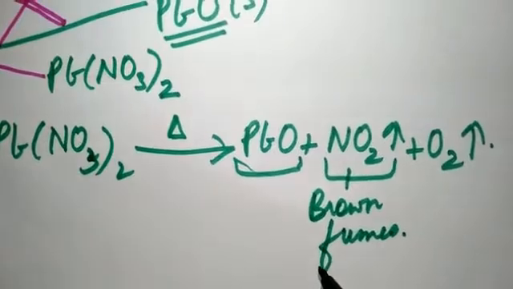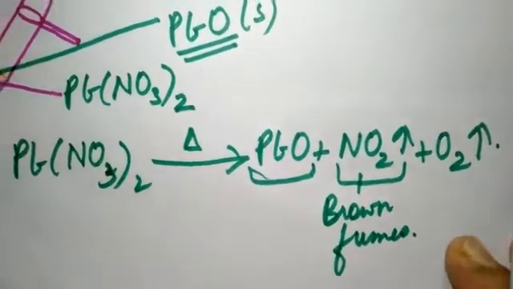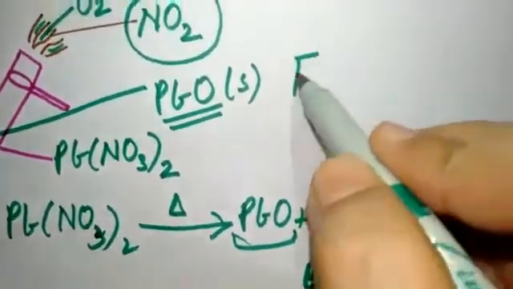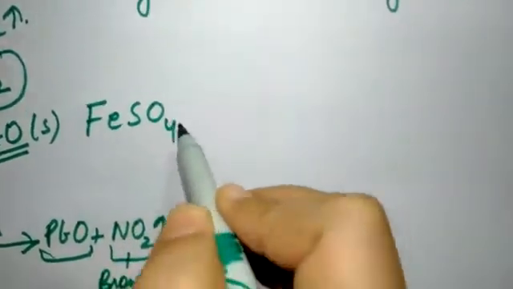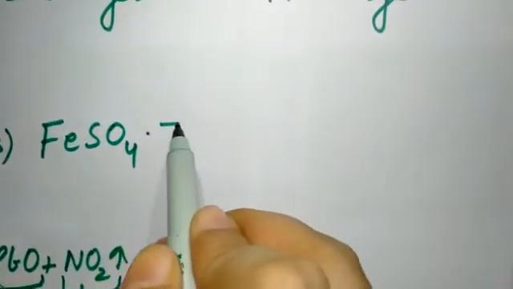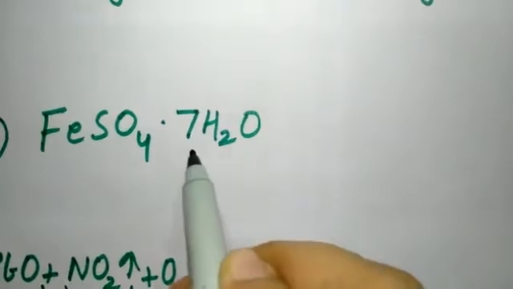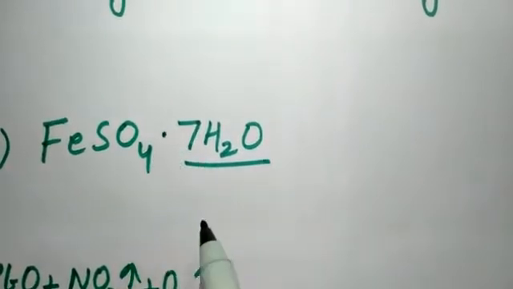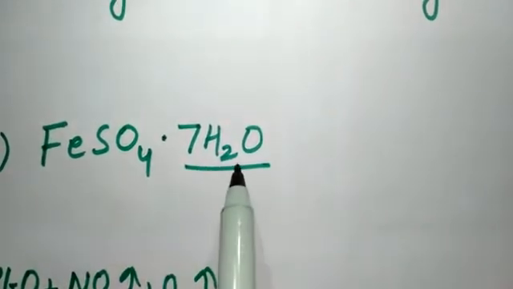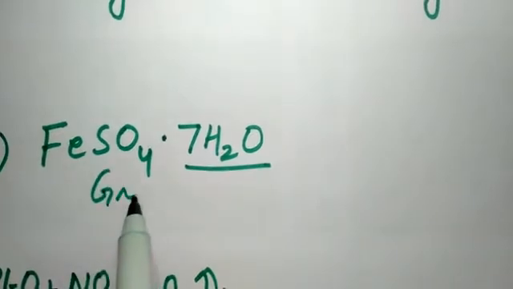One more example is when I heat FeSO4. FeSO4 crystals are actually green in color because of the presence of water molecules in the crystal structure, FeSO4.7H2O. This is green in color.